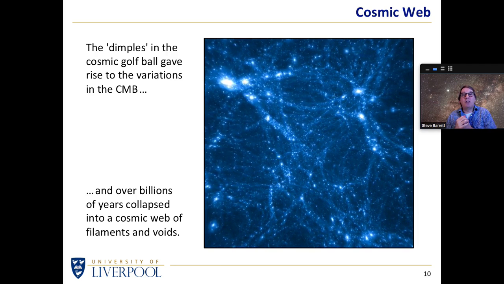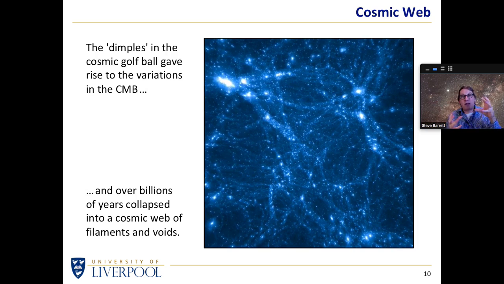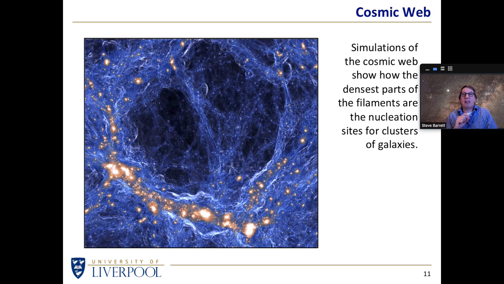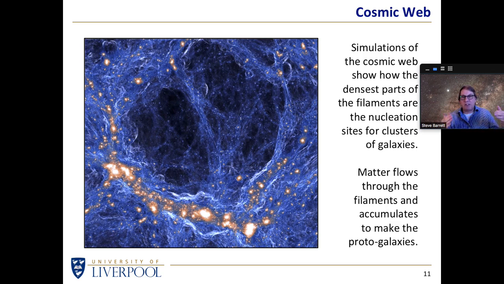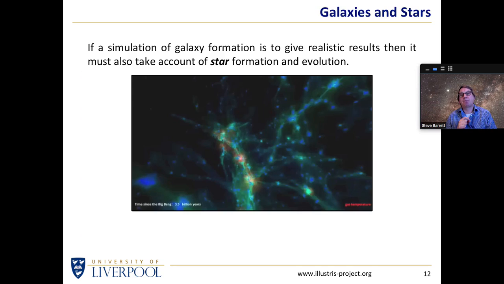And we can see the density increasing as matter flows into these little knots where the filaments join each other. So the densest parts of the filaments, that's where the matter is flowing. The matter is effectively flowing through the filaments and collecting in these knots, which ultimately become dense enough to form stars and galaxies. So that's where the proto-galaxies are born, if you like.